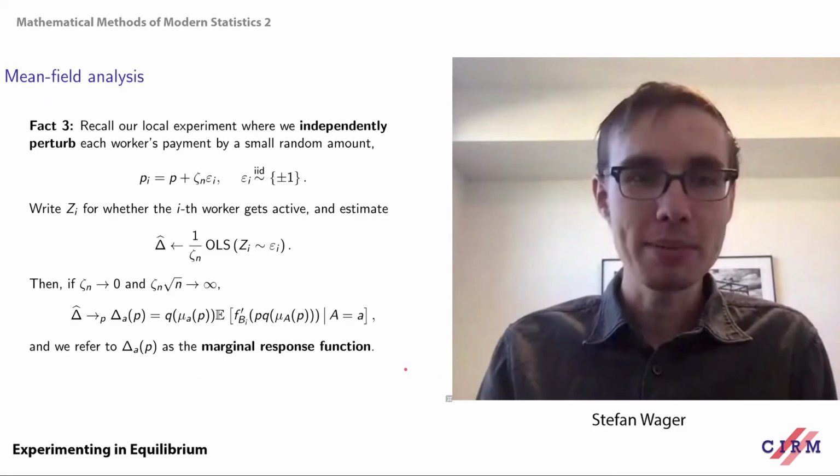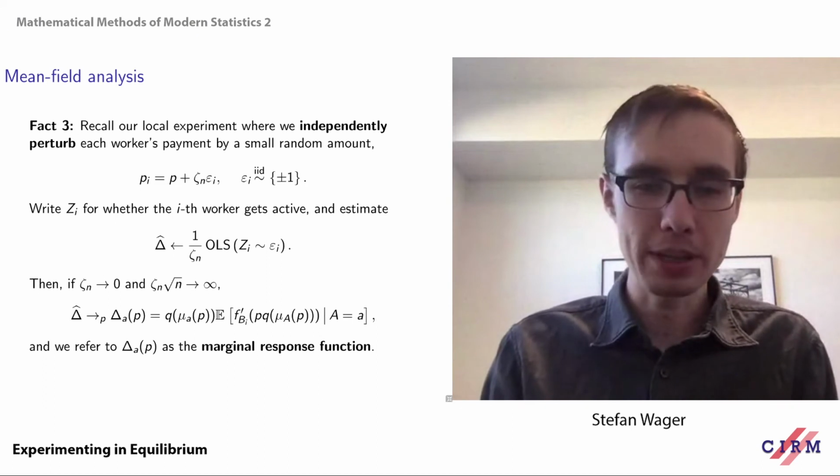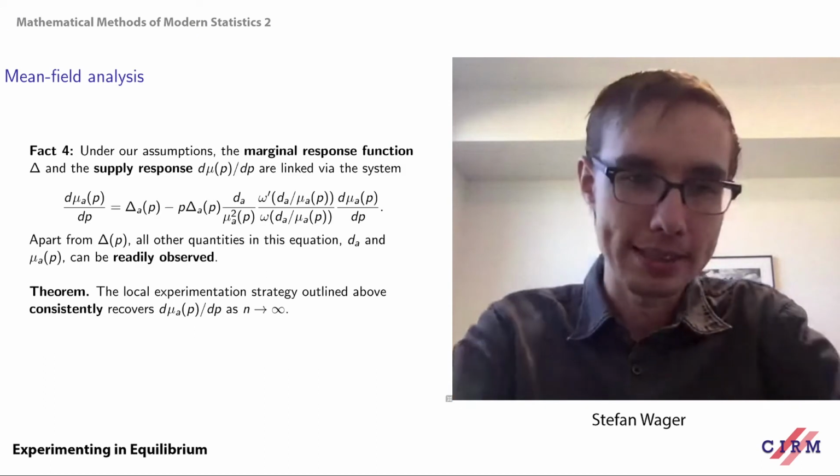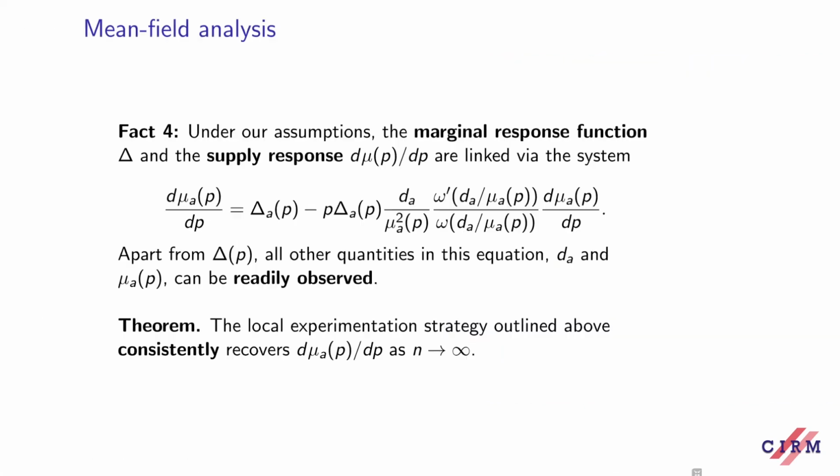It's not directly policy relevant, but where we do get to something policy relevant is under our assumptions. Remember that we talked about earlier, the thing we care about is d mu dp, which answers the question, if we were to pay everyone more, how would the fraction of people joining the marketplace change?